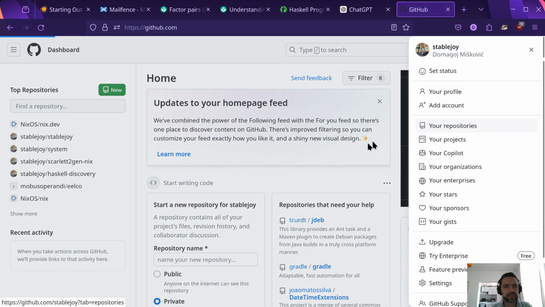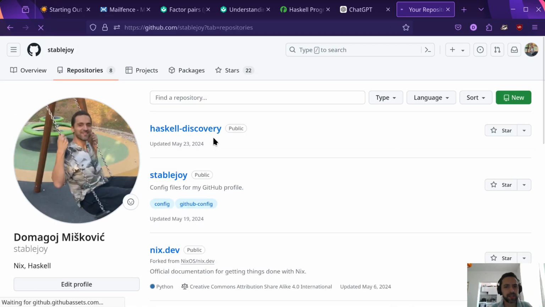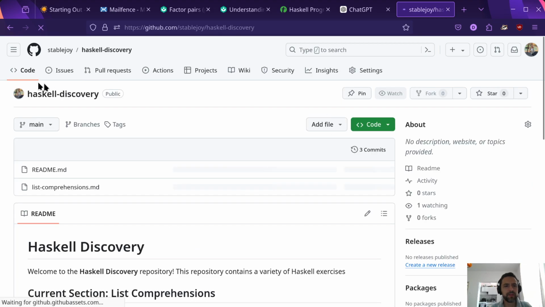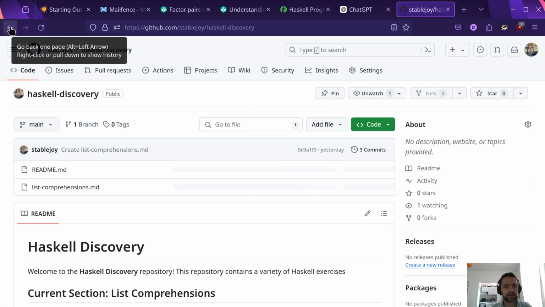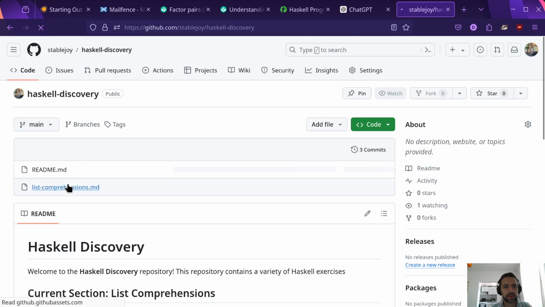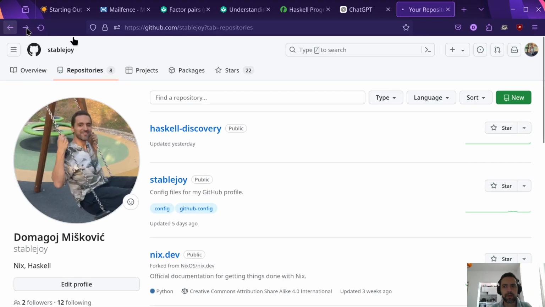So, your repositories, Haskell Discovery, updated yesterday. Should make a new one like Haskell Math.